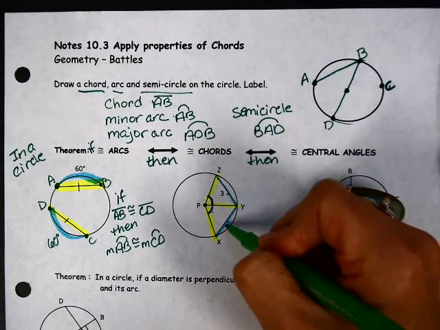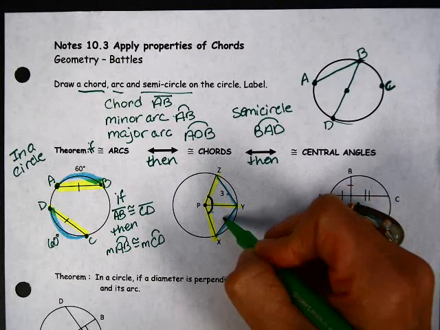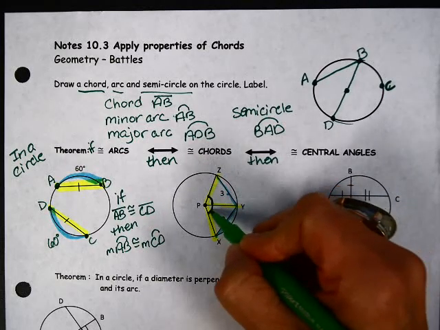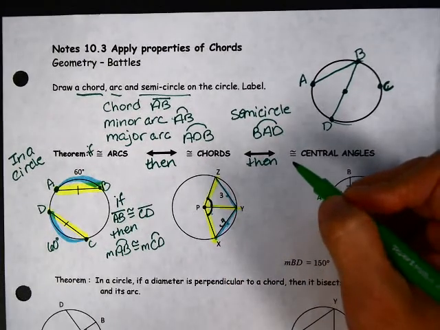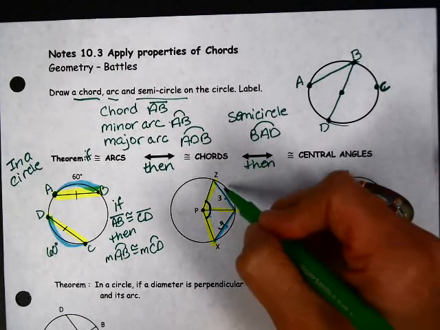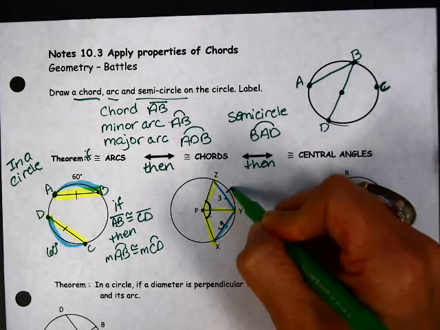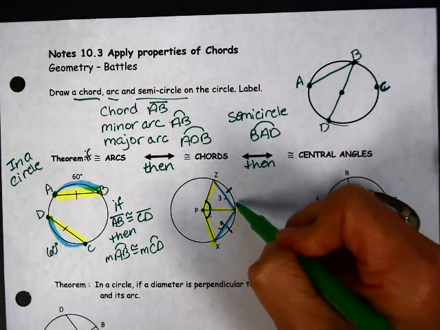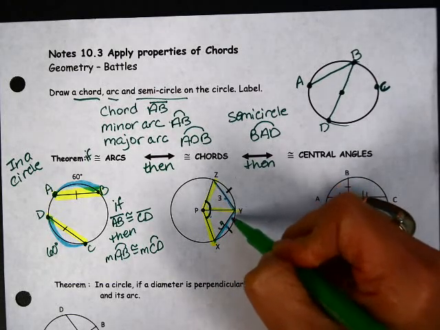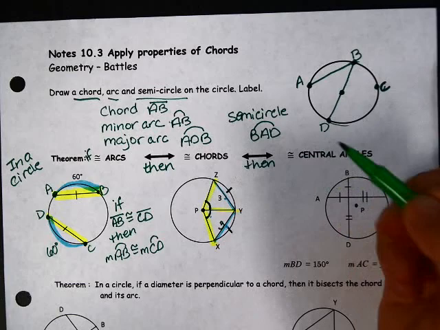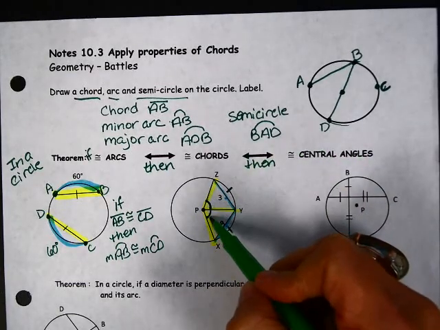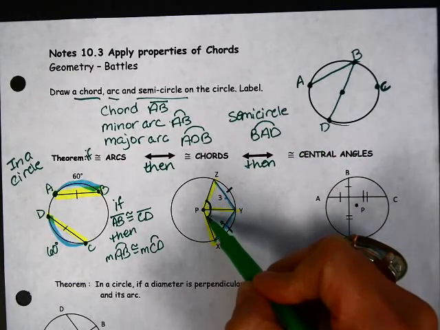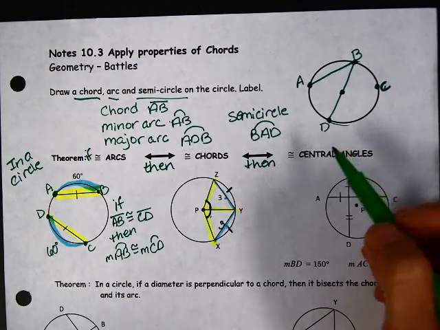So what we're saying is that these two chords are congruent simply because their central angles are congruent. Also, we have arcs that have been created, ZY and XY. And since these are created from congruent central angles, then these arcs are congruent.